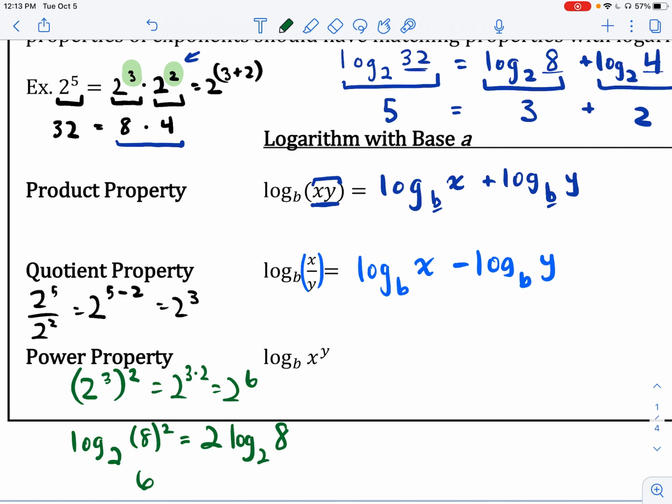Log base 2 of 64 is equal to 6, which is the same thing as multiplying 2 by log base 2 of 8, which is 3. So the log property here would say we can take this power of our argument and multiply. So we would have y times log base b of x.